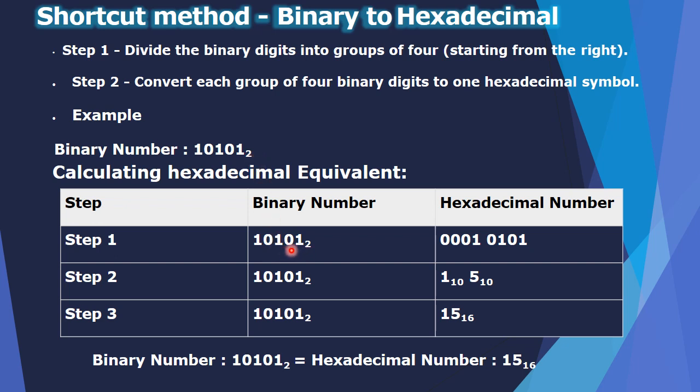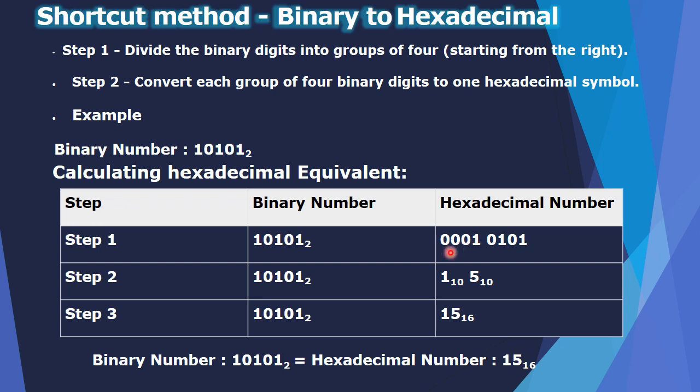Now we are dividing this into groups of 4, but here there are only 5 digits, isn't it? So first we will start dividing from which side? Starting from the right side. So on the right side it is 0101, and then the last one is left. To complete this also in a group of 4, we need to keep 3 zeros over here, so that it will become 4.